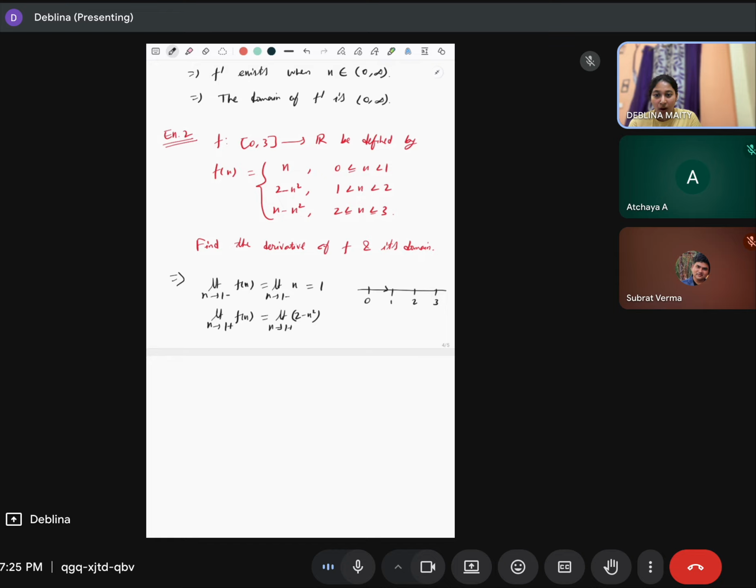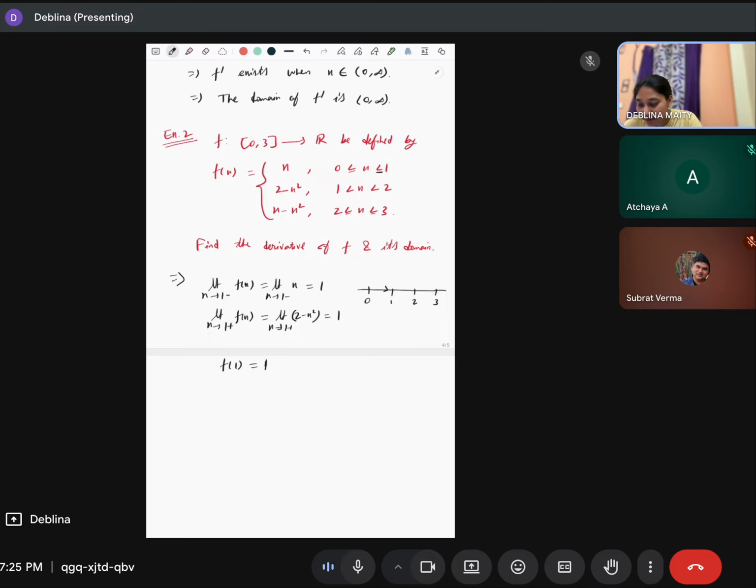When x is greater than 1 and goes to 1, so it is also 1. And what is f(1)? Oh, sorry. So there has to be an equal sign. So f(1) is 1.